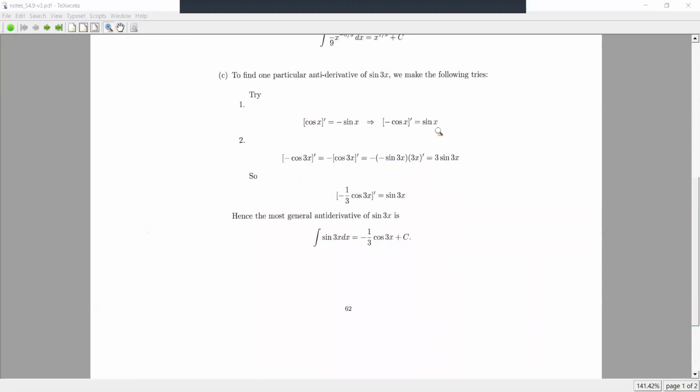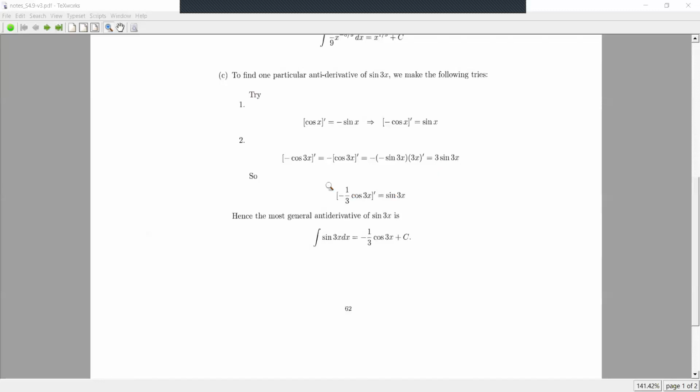But we are looking for an antiderivative of sine of 3x rather than of sine of x. Now, let me make a second try. This time, I try negative cosine of 3x. By chain rule, the derivative of negative cosine of 3x is 3 times sine of 3x.